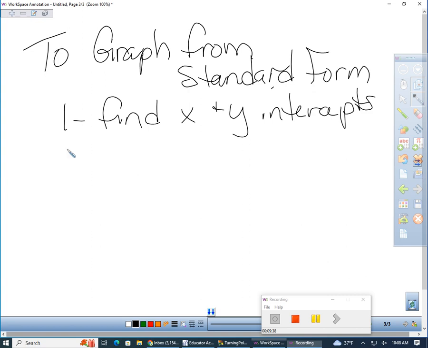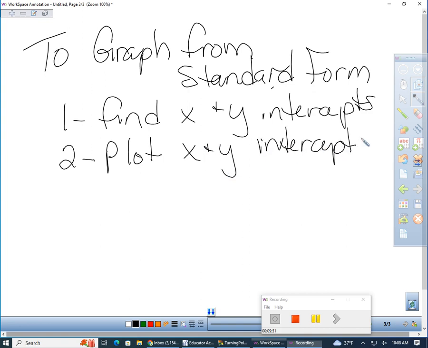Step 2, plot x and y intercepts. Step 3, we're going to connect our dots. So what we're doing is taking example 1 and example 2 and smashing them together. Okay? We're going to graph.